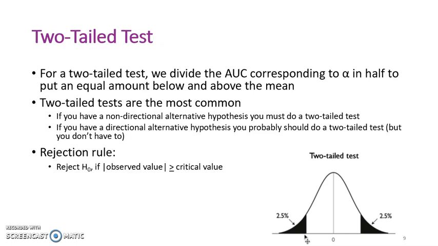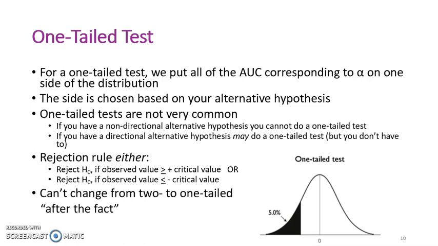A lot of times when we have directional alternative hypotheses and we're sure that we're going to see an effect in one way or another, either positive or negative, but not both, we do a one-tailed test. So for a two-tailed test, the rejection rule is that we'll reject the null hypothesis if the absolute value of the observed value is greater than or equal to the critical value. This allows us to look at either the positive or negative observed values for the two-tailed test.